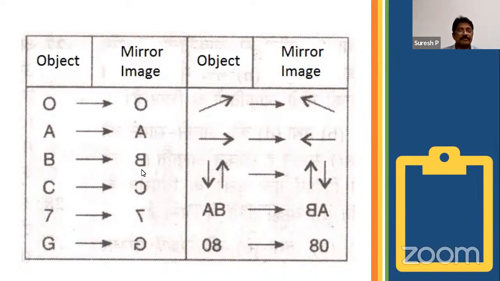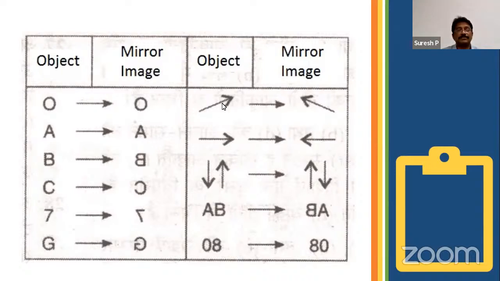So this one is the mirror image of B. Just carefully observe it. And C, this is the mirror image of C. And 7, this is the mirror image of 7. And G, this is a mirror image of G.